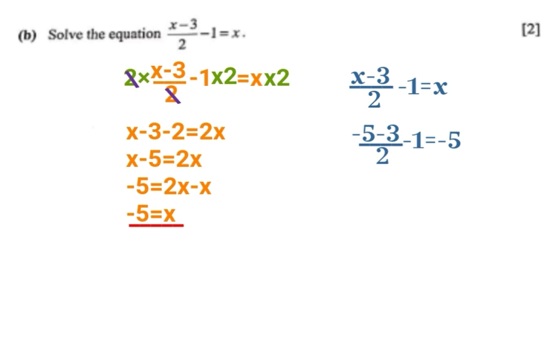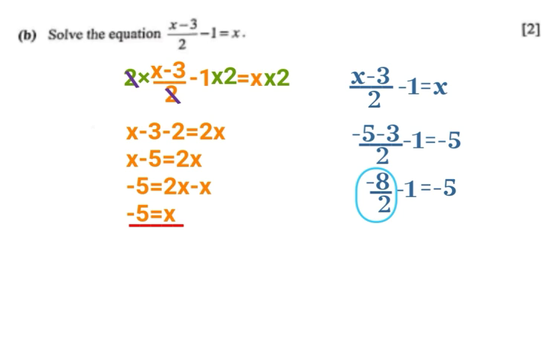So once I've done that, I'm going to start evaluating the equation. -5 minus 3 will give me -8, which will be over 2, minus 1 is equal to -5. Then I'm going to evaluate the fraction, which is -8 over 2. When I divide -8 by 2, it will give me -4.